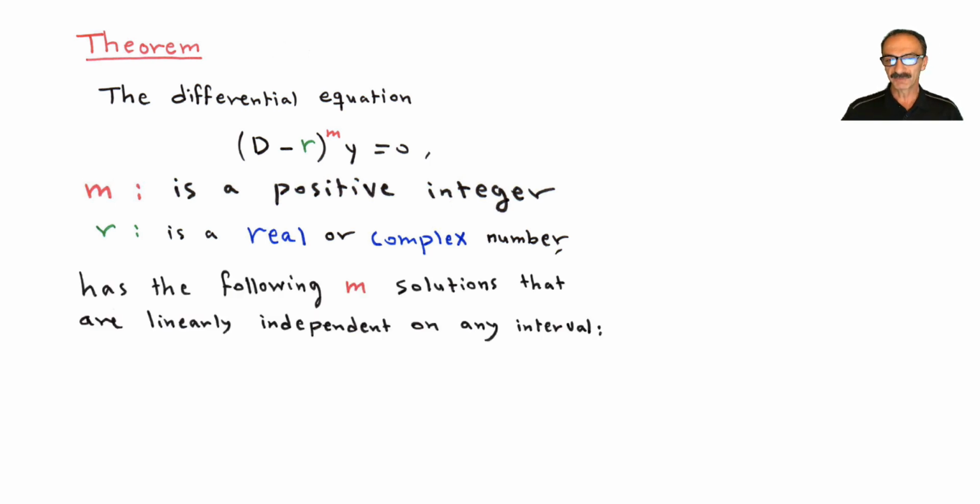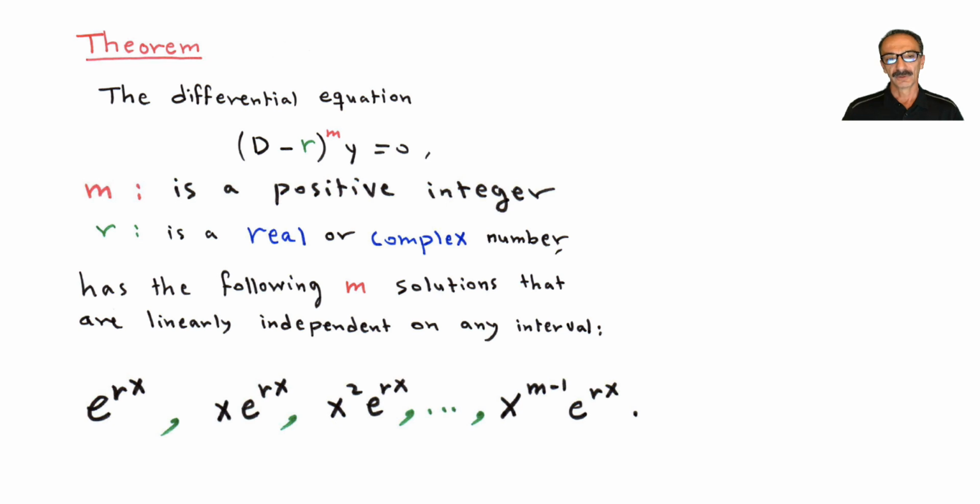It has the following m solutions that are linearly independent on any interval: e^(rx), that's in general, r could be complex, x e^(rx), x^2 e^(rx), all the way to x^(m−1) e^(rx).